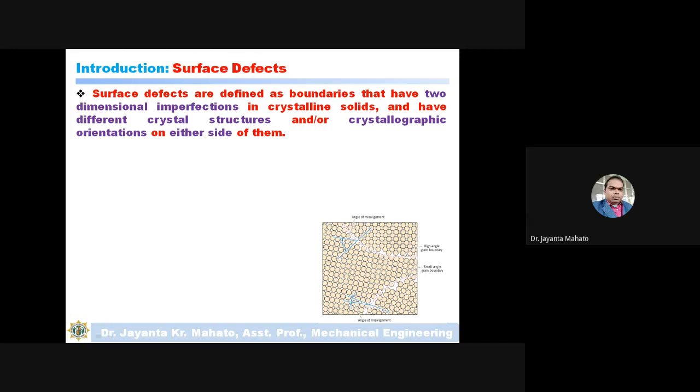Suppose within these boundaries, atoms are arranged like this, in this way.